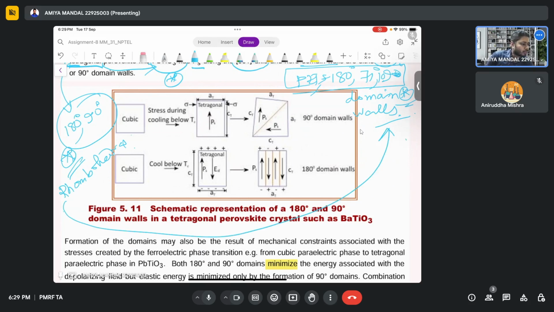So when we go from cubic to tetragonal state, we are discussing how 90 degree and 180 degree domain walls form. When the cubic to tetragonal phases are transformed, when T is less than Tc, then there is a change in polarization, delta P not equal to 0.